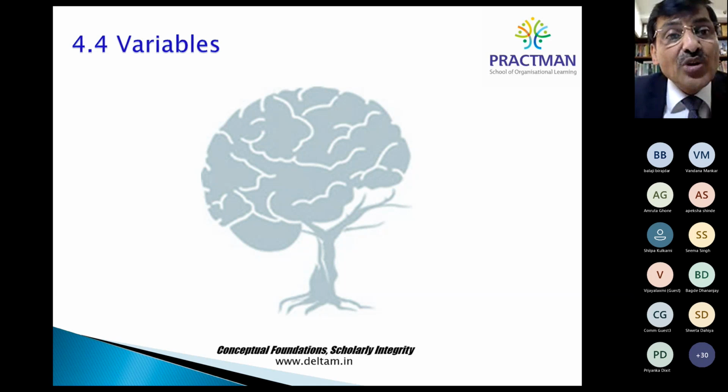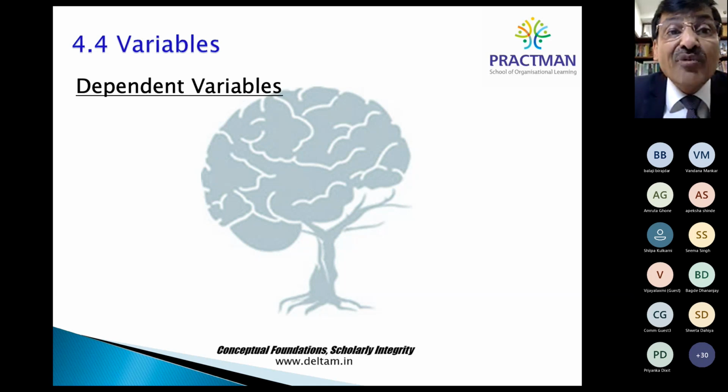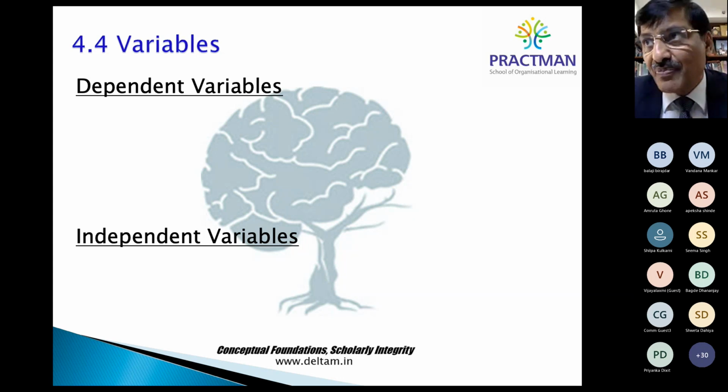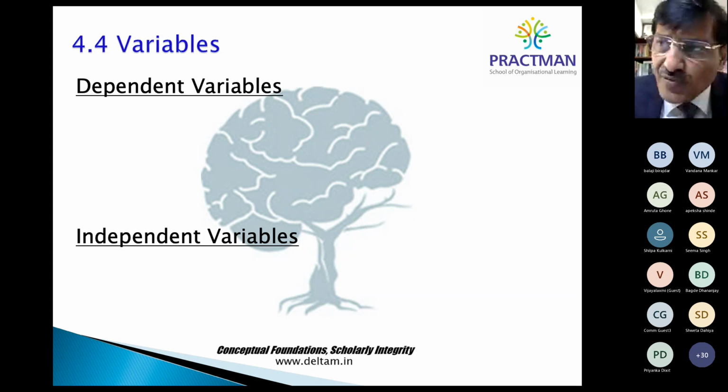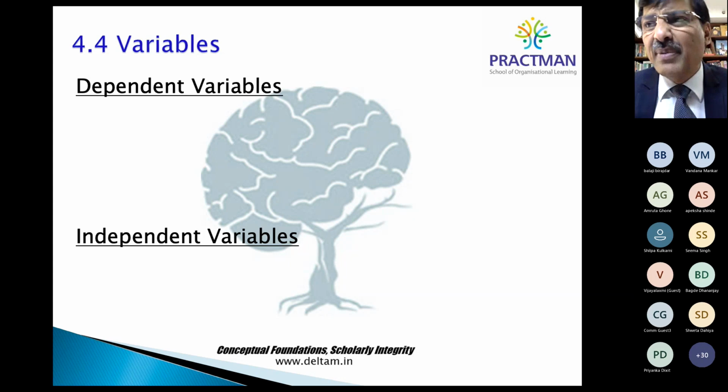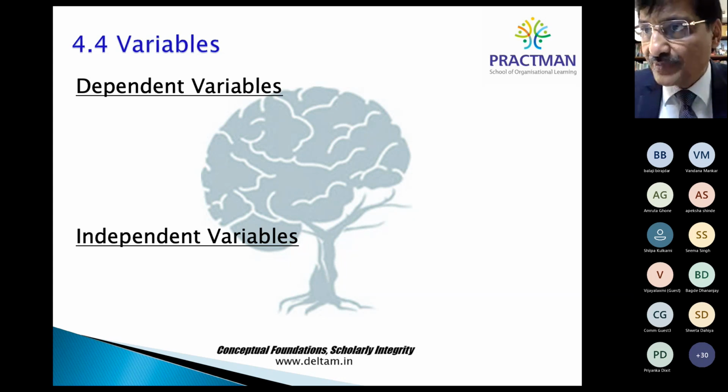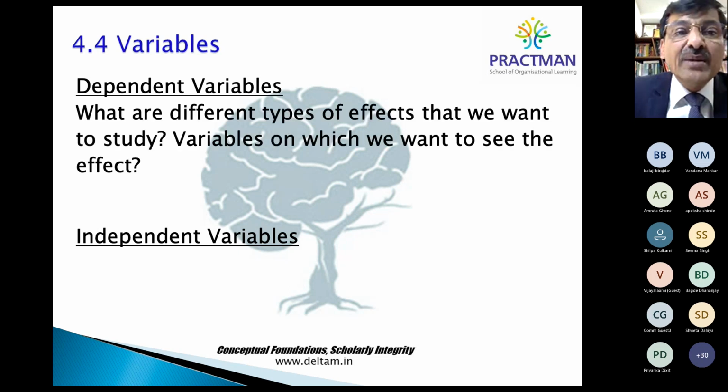The last point in the formulation of your research problem is that you need to define dependent and independent variables. If you get confused, instead of calling them independent variables, you may call them influencing variables also. What are dependent variables? The variables on which you want to study the effect.